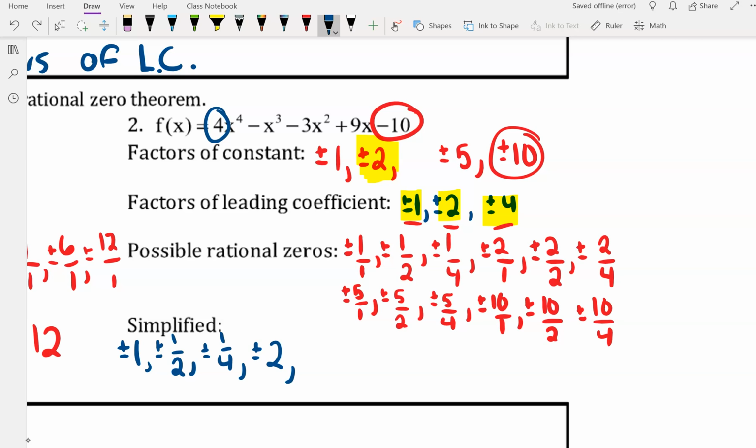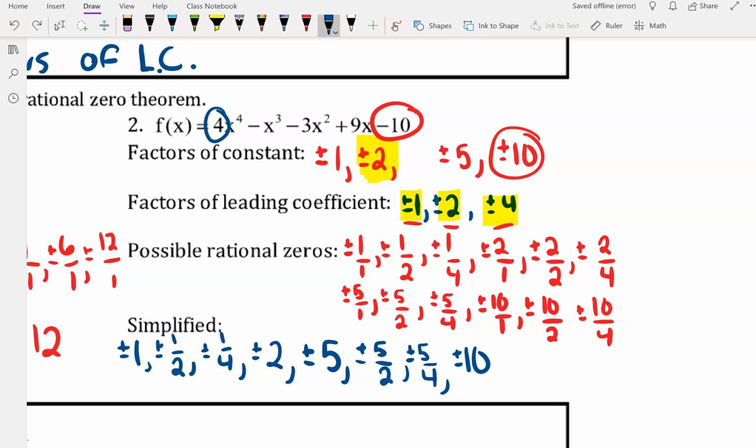So I'll move on to plus or minus 5 over 1, which just reduces to plus or minus 5. Then 5 over 2. And then next we have 5 over 4. And then we have 10 over 1, which reduces to plus or minus 10. Sorry, I forgot my plus or minus. All right, then 10 over 2. 10 over 2 reduces to 5. 10 divided by 2 is 5, which we already have, so I don't need to repeat that one.